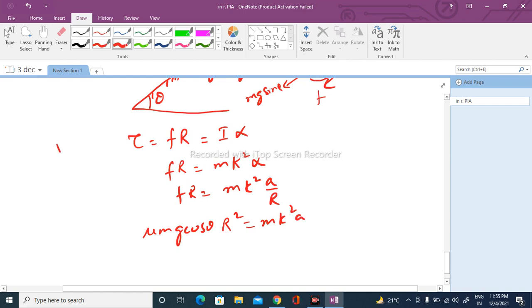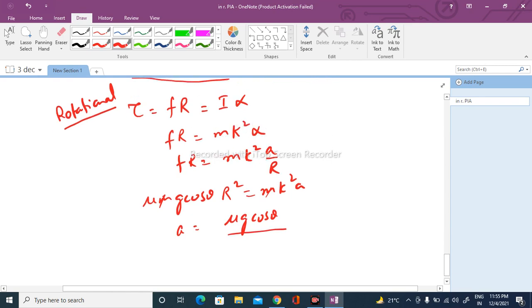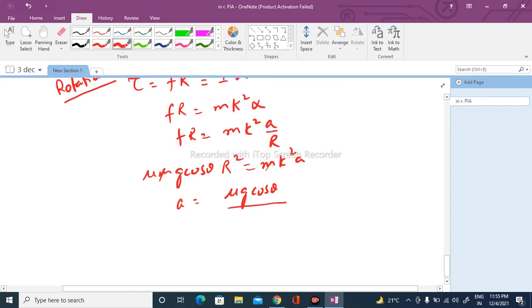Remember, we are discussing only the rotational part right now. Any rolling motion will have rotation as well as translation. So from this we are getting the rotational equivalent of linear acceleration: a is equal to, you can cancel out m and m here, mu g cos theta divided by k square by r square.